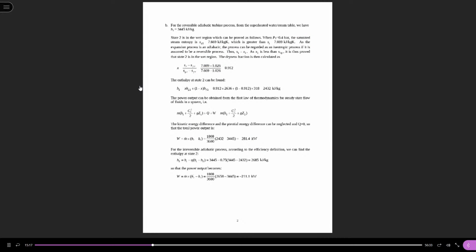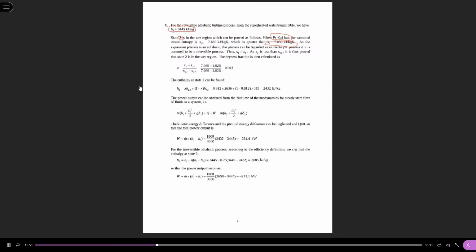So first, from the tables I provide, we know state 1 is superheated, and we also get the specific enthalpy. For state 2, we don't know if it's in the wet region or not.